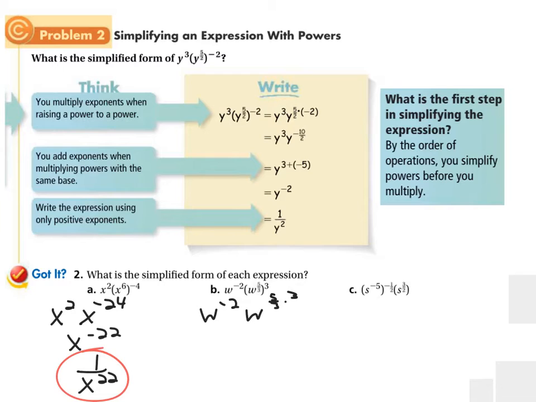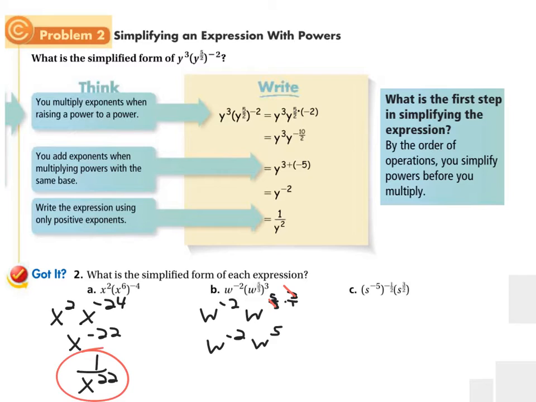That's the same as 3 over 1. And as you can see, that 3 top and bottom will cancel out, giving you 5 over 1, or just to the 5th power. So then we get w to the -2 times w to the 5th.